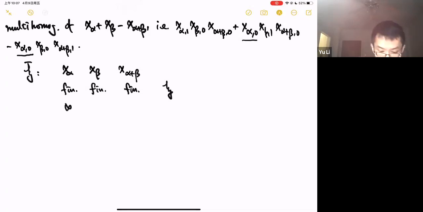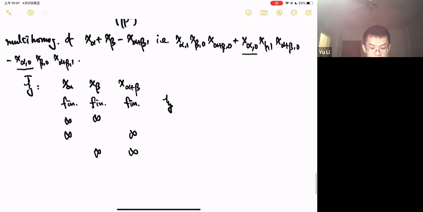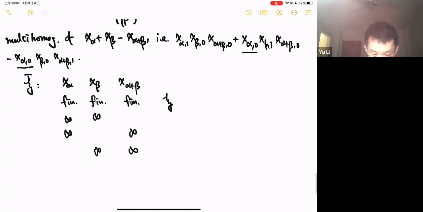And once we have two infinities, from our defining equation it's easy to see that the third component is free. So it could be anything in P1.